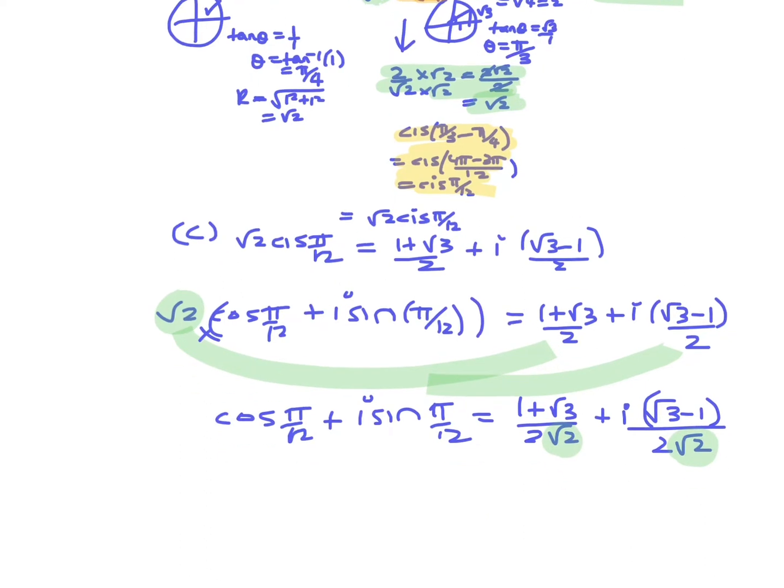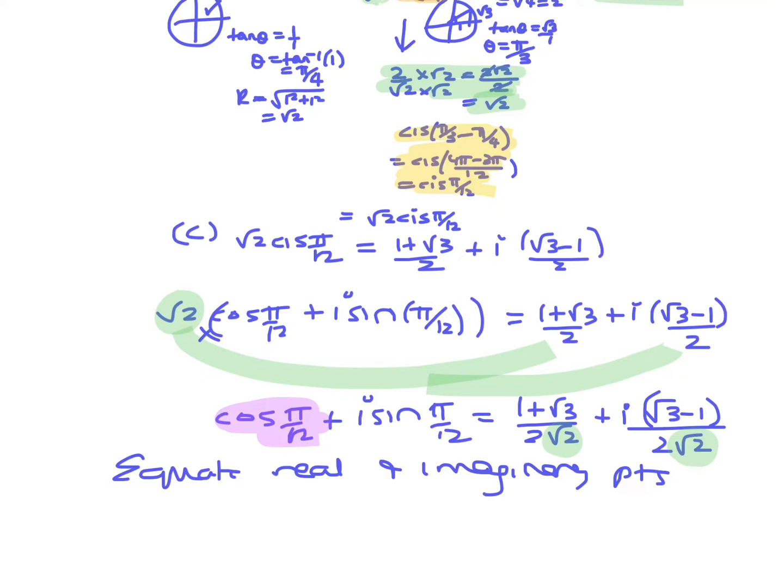Okay, the next step now is we just equate real and imaginary parts. So that means cos pi on 12 would have to equal 1 plus root 3 on 2 root 2, and sine pi on 12 would have to equal root 3 minus 1 on 2 root 2.